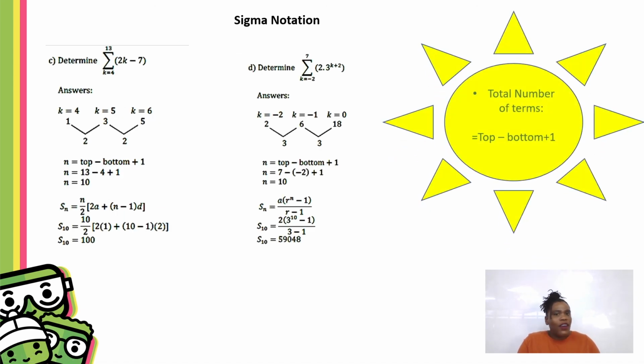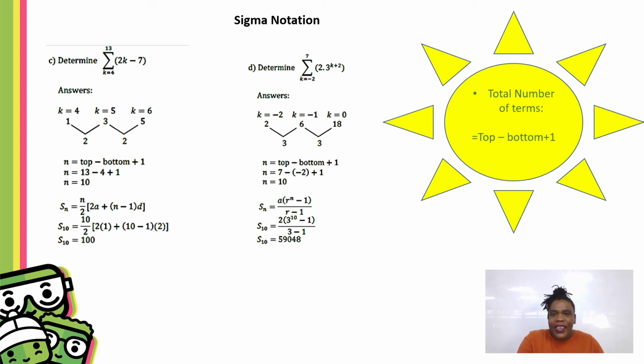And if you're ever asked to find the total number of terms, and you're given this sigma notation instead of an expanded sequence, remember: the top number on your sigma, subtract the bottom number on your sigma notation, plus 1 will give you the total number of terms if you need that in a calculation.